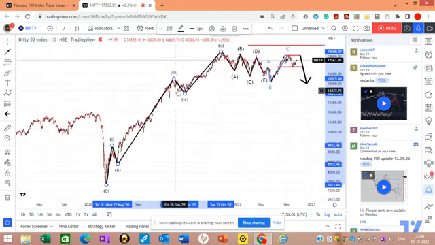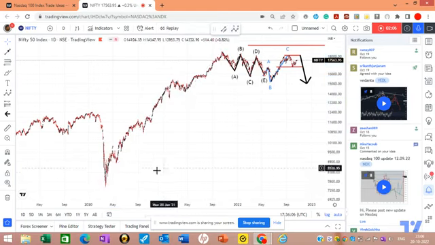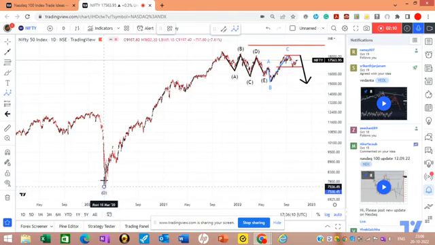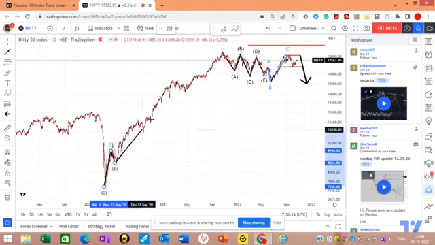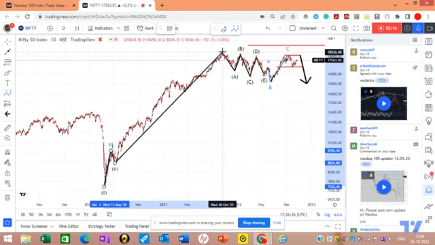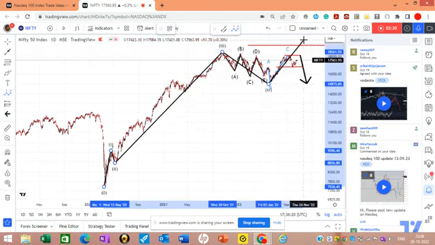My alternative count is, I'll remove this. Alternative count is, this is the first wave, second, and whole is extension. That is one count. This was fourth, and we will have a fifth wave.